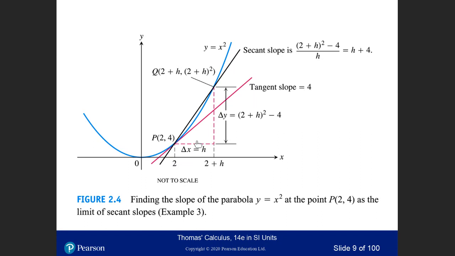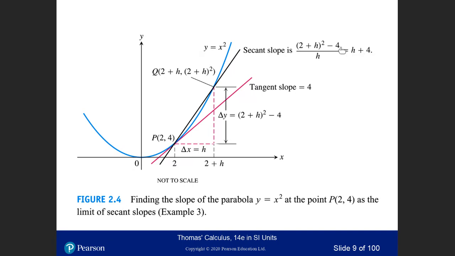Let's look at this figure. We have a function y is equal to x squared. Now P is at (2, 4), and here we have 2 plus h as the x coordinate, and the y coordinate is (2 plus h) squared. So that's the difference, delta y: ((2 plus h) squared minus 4) over h is the secant slope, which is equal to h plus 4.